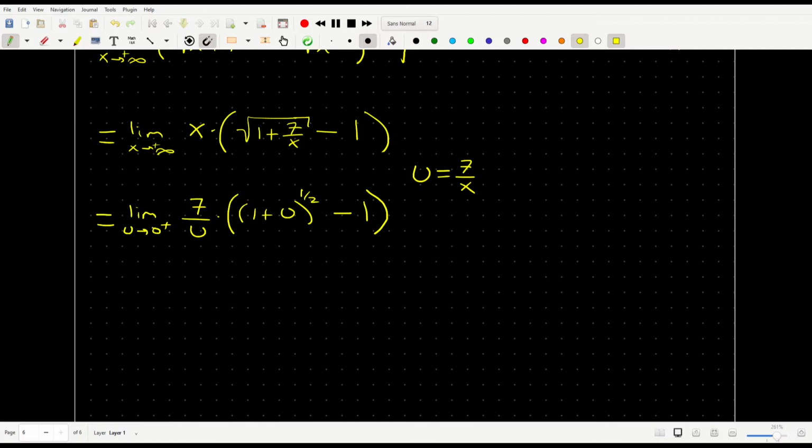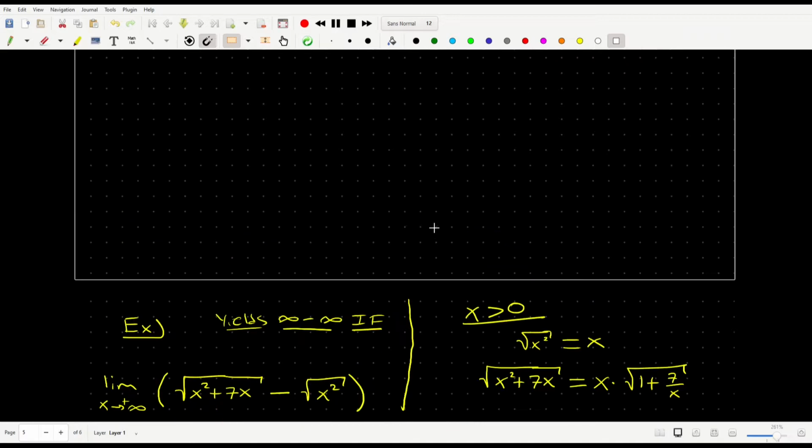Now, u is going to 0 from the positive because x is going to positive infinity, which means 7 over x is going to 0, or u is going to 0. And this is kind of key here because this means that when we evaluate this limit, as we get closer and closer to u equals 0, u is going to be strictly less than 1 as we evaluate this limit.